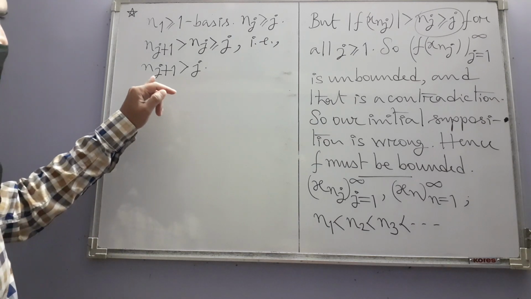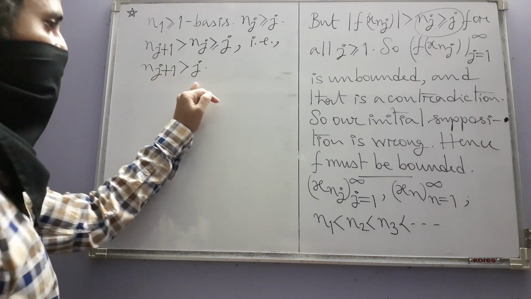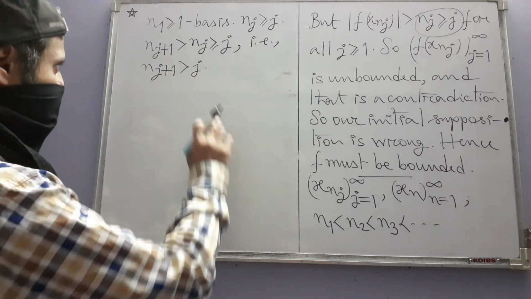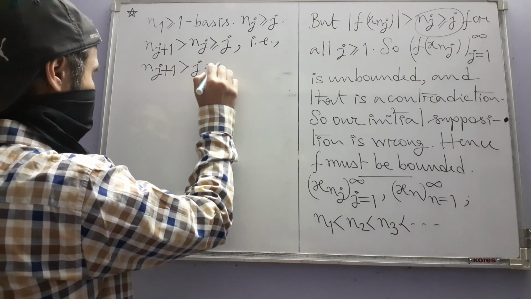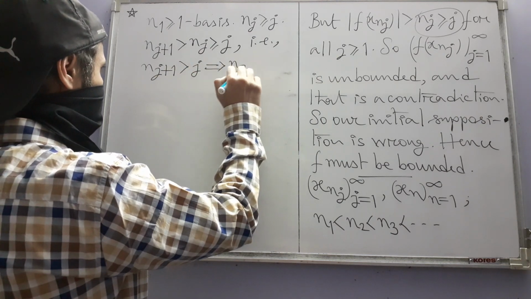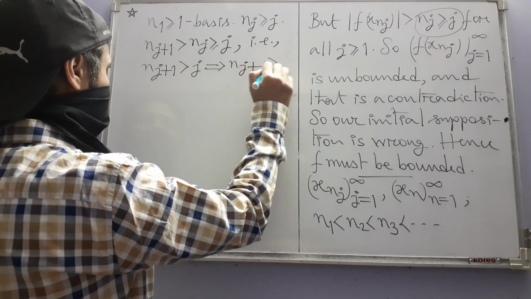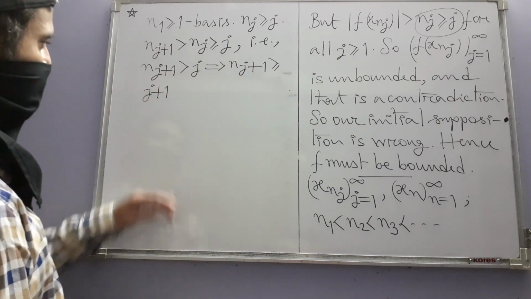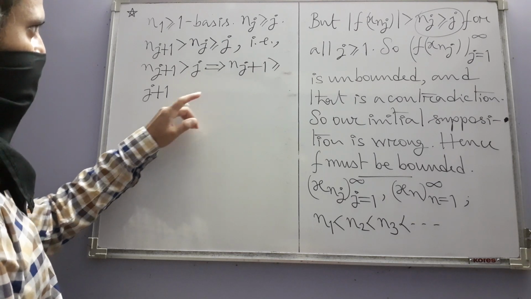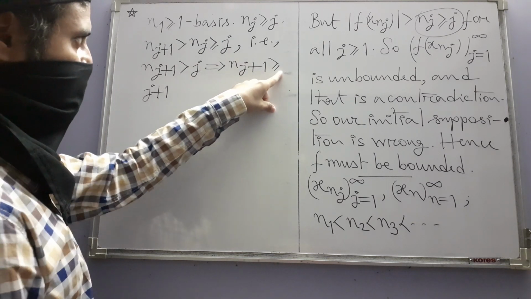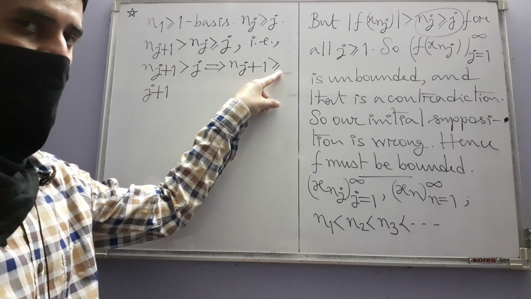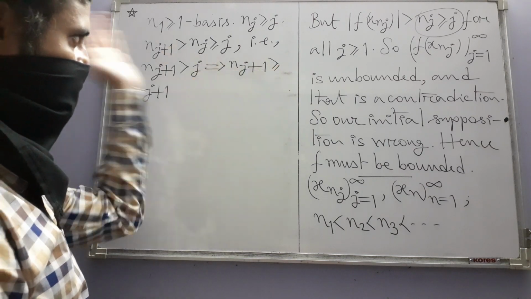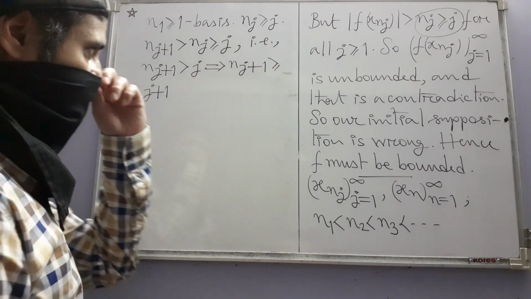Now notice the fact that these are integers. That is why this strict inequality implies this ordinary inequality. Even if we add 1 to j, we are going to get this. We will never exceed nj plus 1.